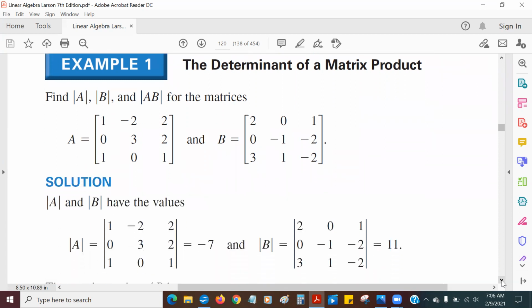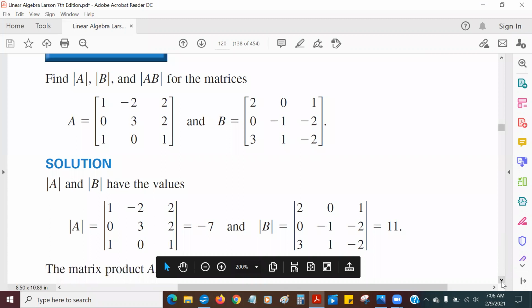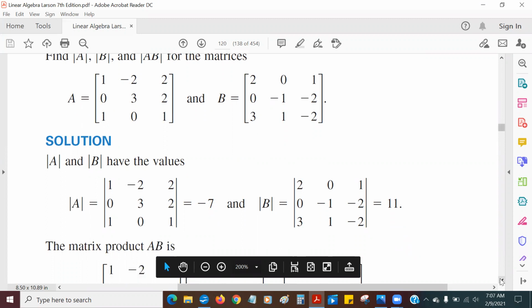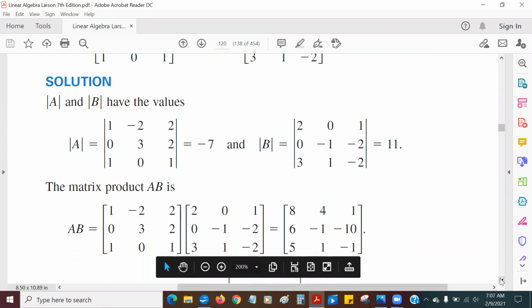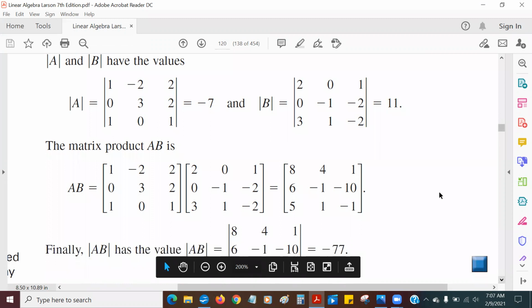So here's our solution. The determinant of A, if you did it correctly, you should have gotten -7. The determinant of B, you should have gotten +11. Now, as far as AB is concerned, the product AB is this matrix right here, 8, 4, 1, 6, -1, -10, and so on. And the determinant of the product, drum roll please, is -77.